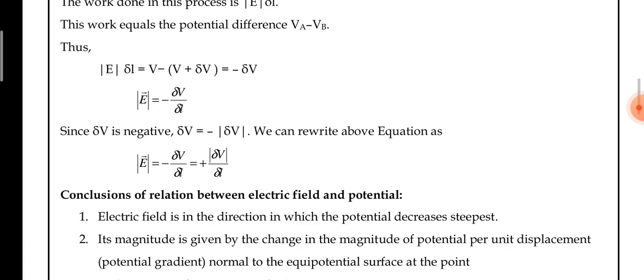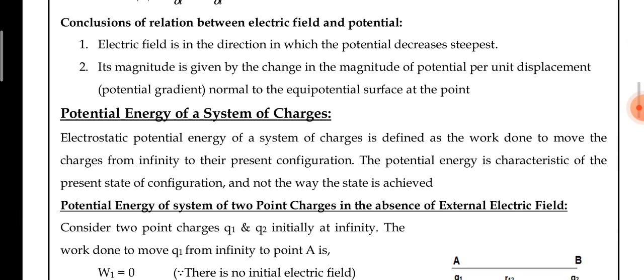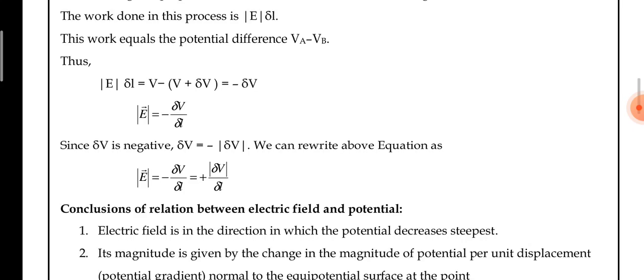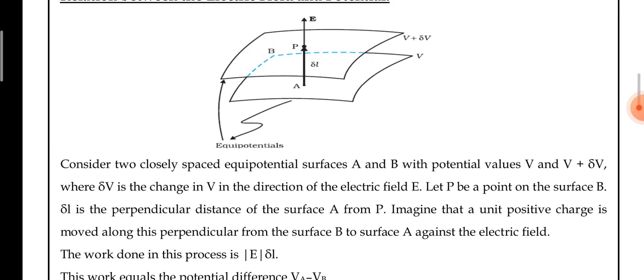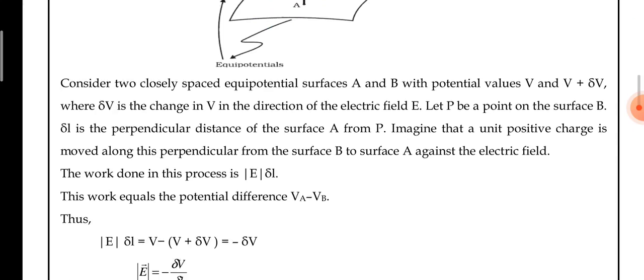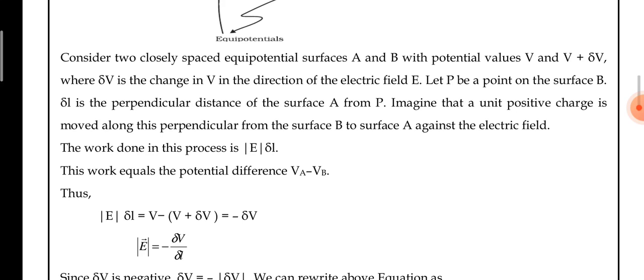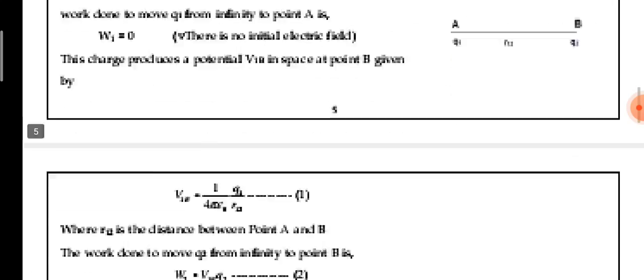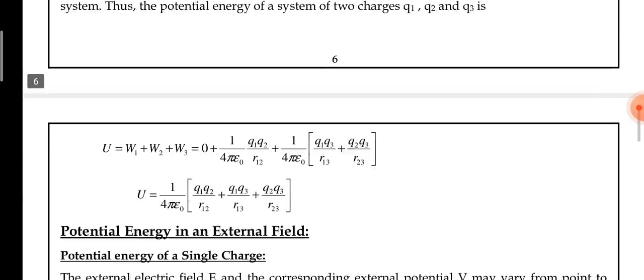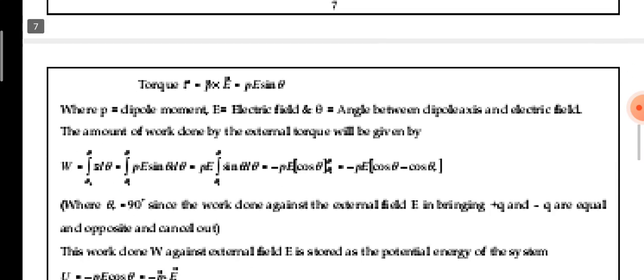The ratio of delta V by delta L is also known as the potential gradient. Now this is the relation between electric field and electric potential. I have given it very clearly in our video class also. You just observe that. Remaining things I will continue in our next class. So just follow the videos.